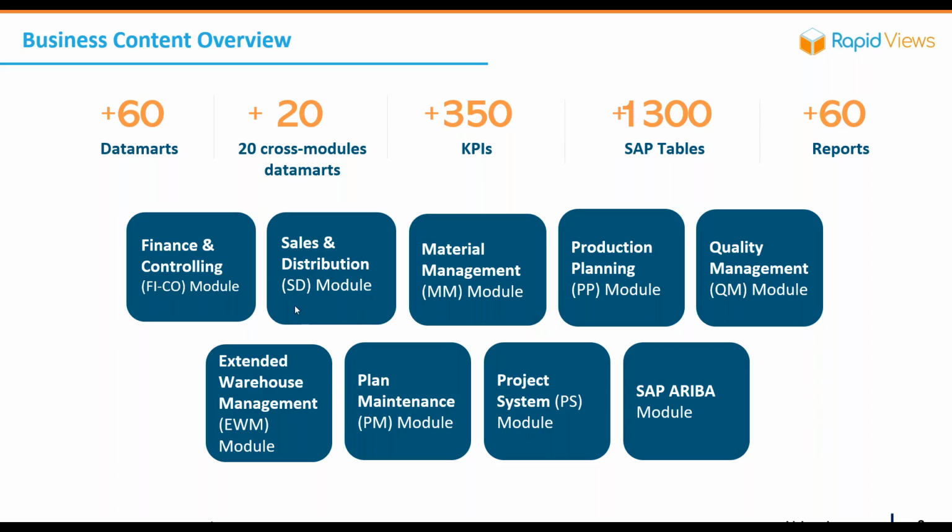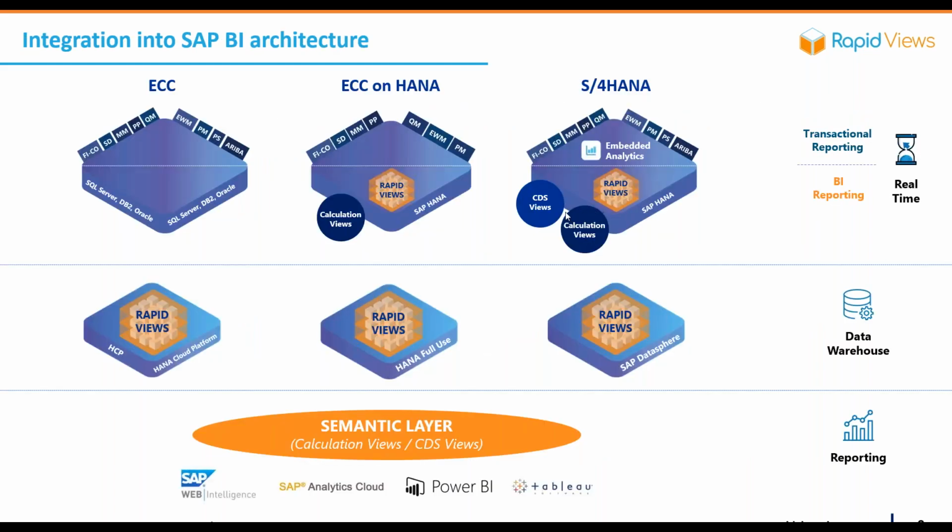We provide more than 60 data marts, 20 cross-module data marts, more than 350 KPIs, and behind that, we access more than 1,300 SAP tables to be able, again, to build this foundation. And our solution comes with sample reports. We have more than 60 reports that we have built on top of that.